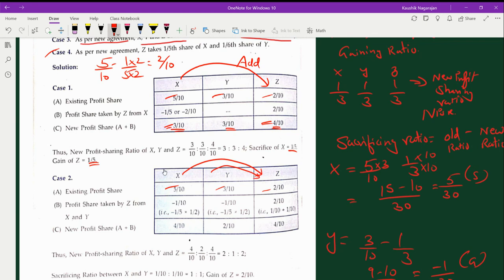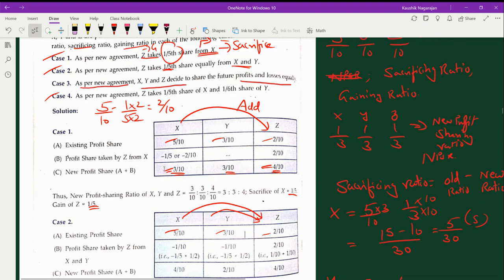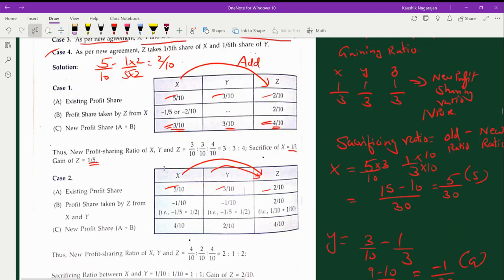So that means both are undergoing the sacrifice. Remember, both undergo sacrifice. So 5 by 10, 3 by 10, and 2 by 10 are the old ratio, and the share taken up by Z from X and Y is equal.